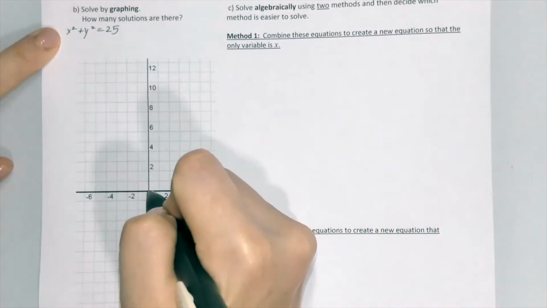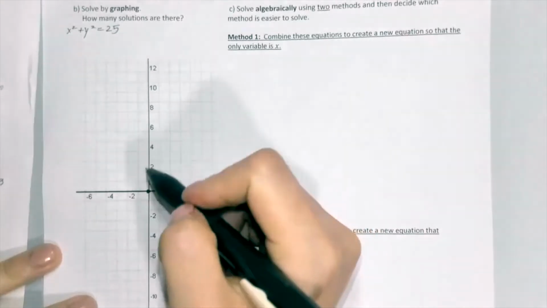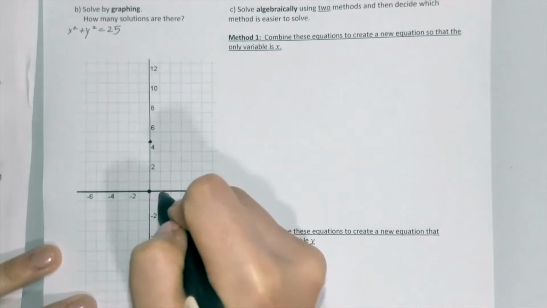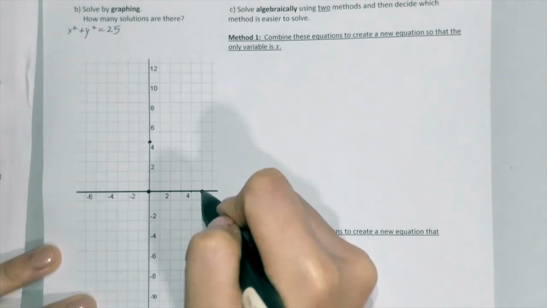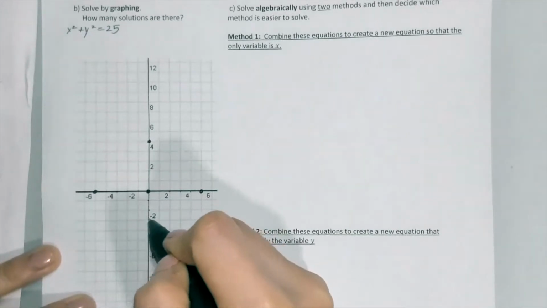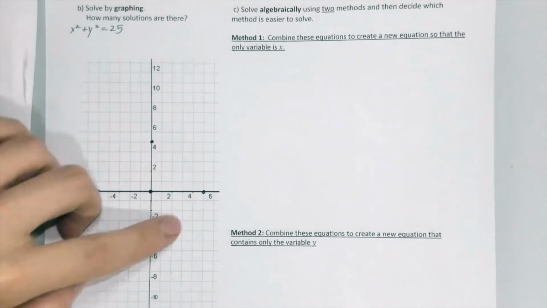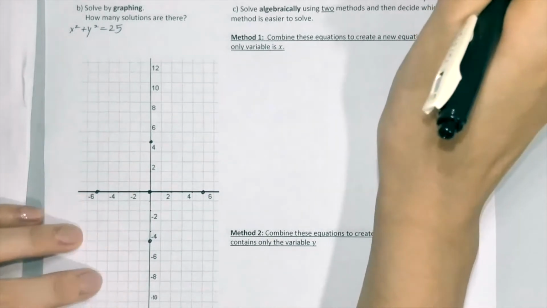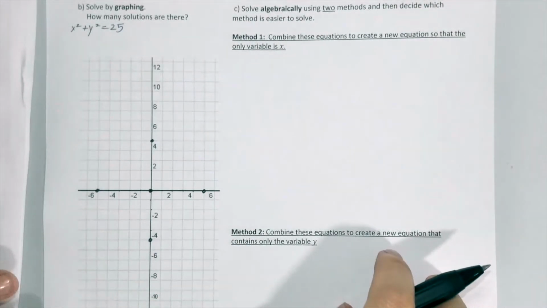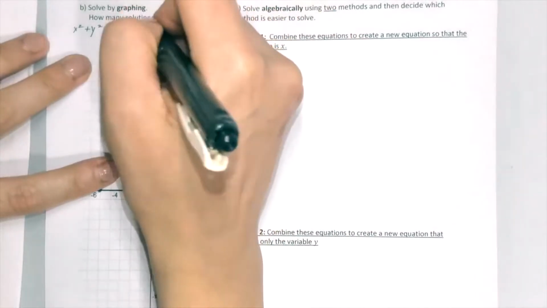Circle, center at 0, 0. Radius of 5, so 1, 2, 3, 4, 5 up. 5 to the right. 5 to the left. 5 below. Got 4 main points there around it. And then I'm going to find extra points so that I can make a better sketch of the circle. Another good x value to plug in would be x equals 4.